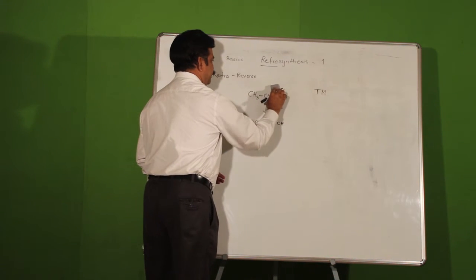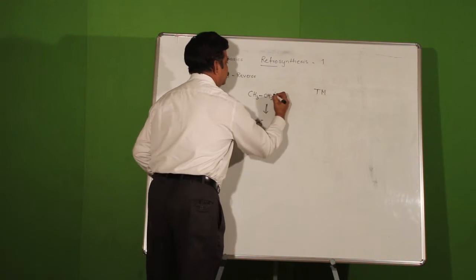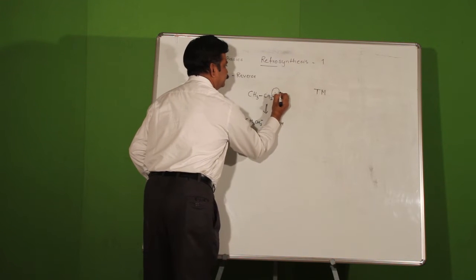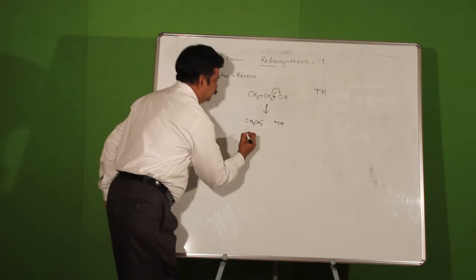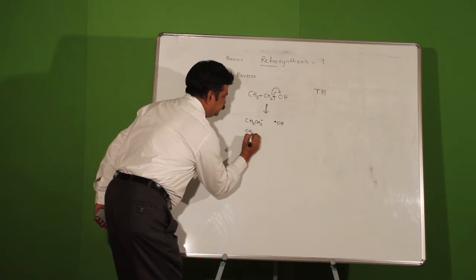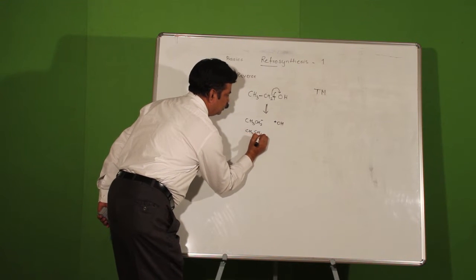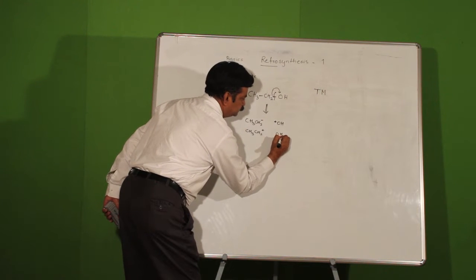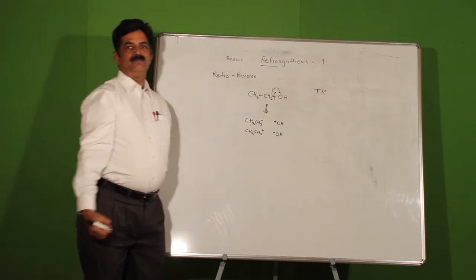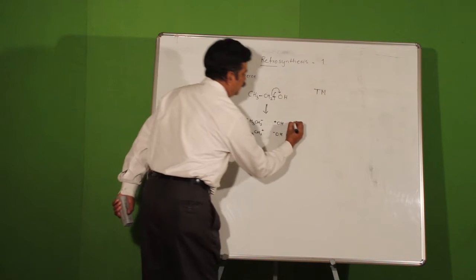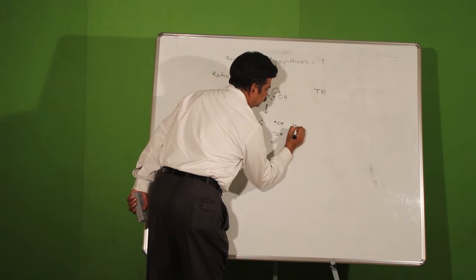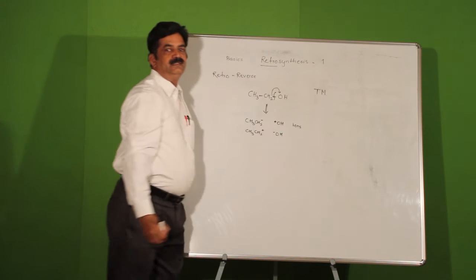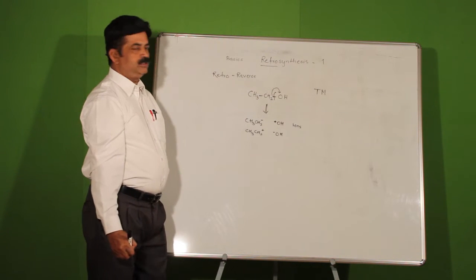If the bond breaks in the other side, it becomes CH3CH2 plus, that is carbocation and hydroxyl minus. These are the ions after breaking of the sigma bond.